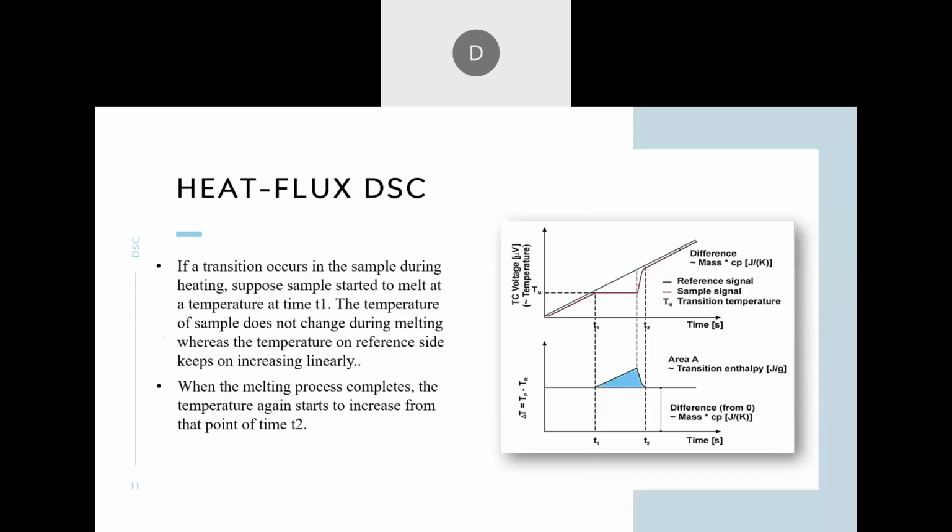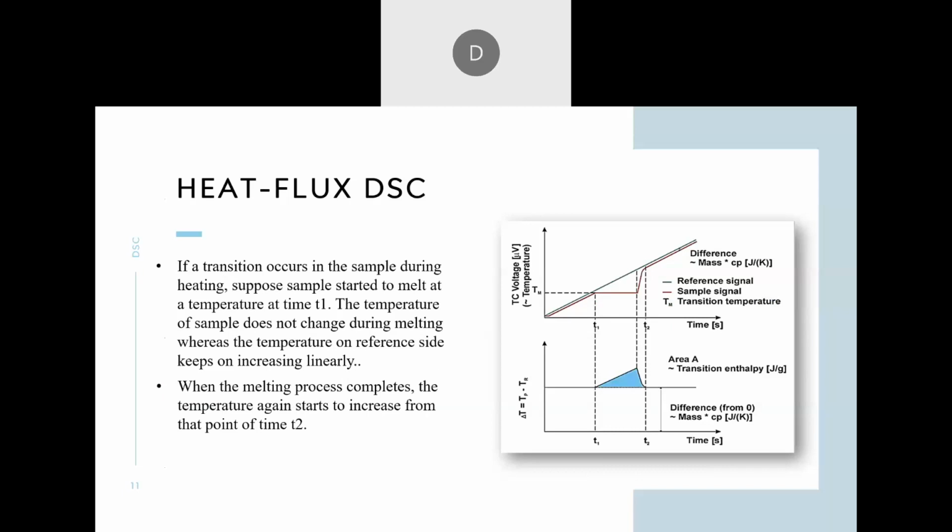Now, if we look at the above graph, let us consider an example of ice as a sample. Let us assume the ice is at 0 degrees Celsius. So when I start a controlled temperature program, I'm supplying heat energy.